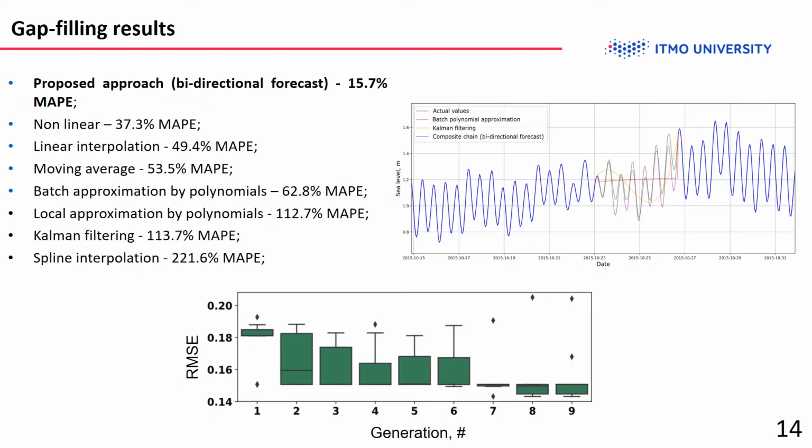We compare our algorithm with competitors, and you can see from the metrics that our algorithms outperform all the competitors. You can also check the picture on the right part of the slide and see that the pattern restored by our algorithm is not so far from the actual values of the time series.